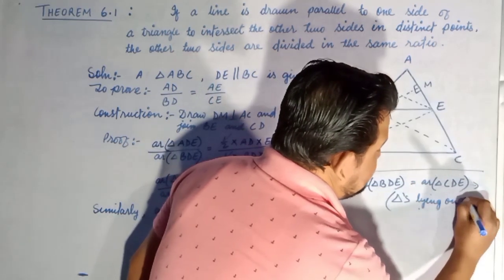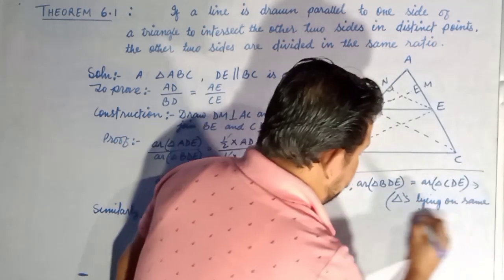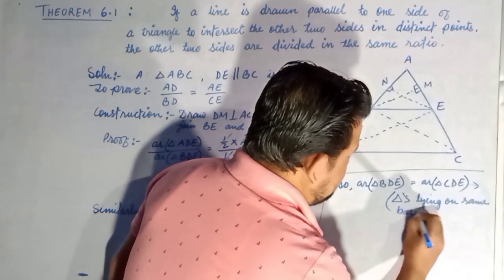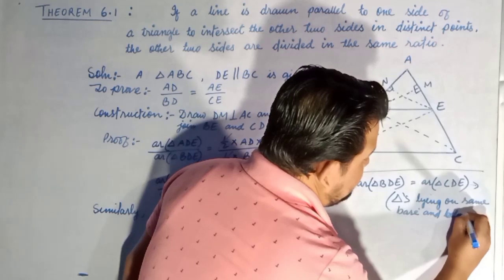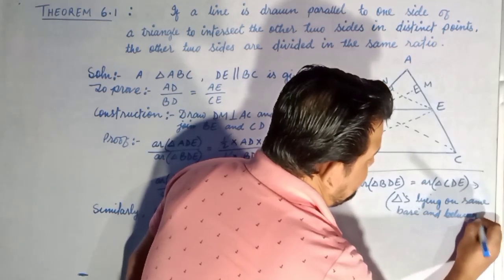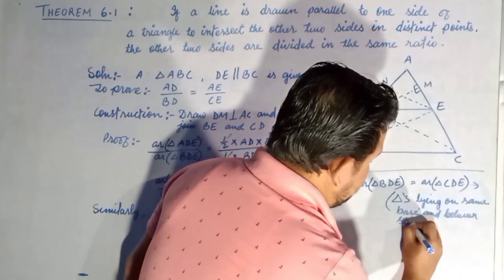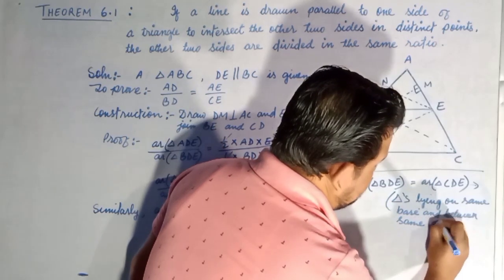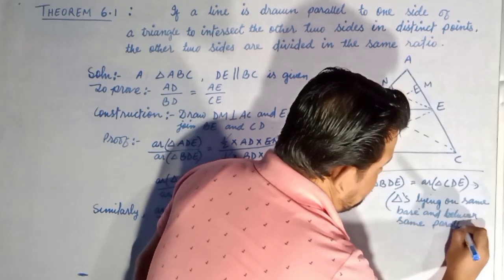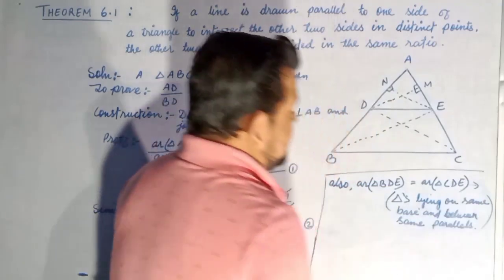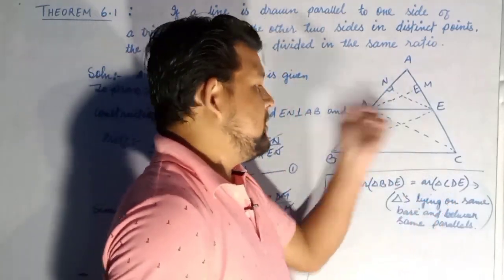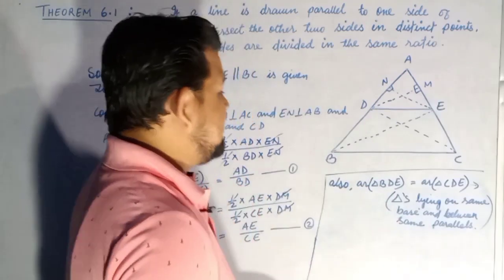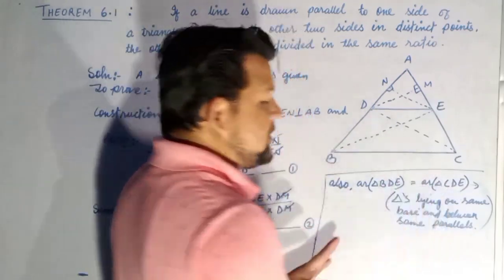That means these two triangles are lying between the same parallels and they have the same base. That's why the areas of these two triangles are equal.